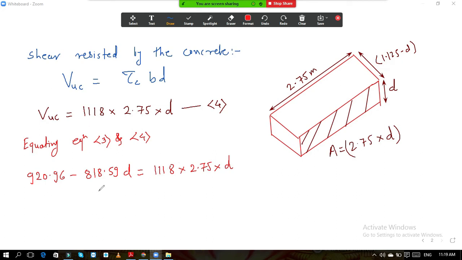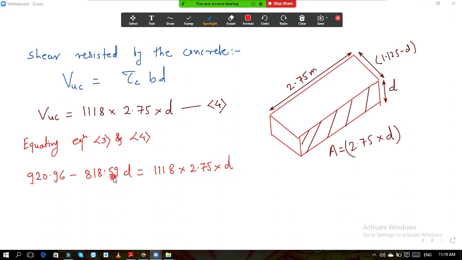I will do the calculation now. So it is 1118 into 2.75. This value works out to be 3074.5. So it is 3074.5 D.